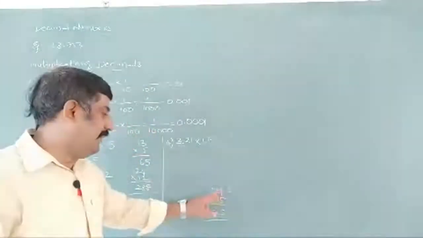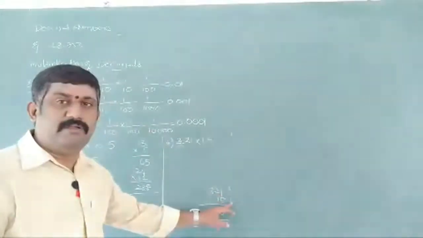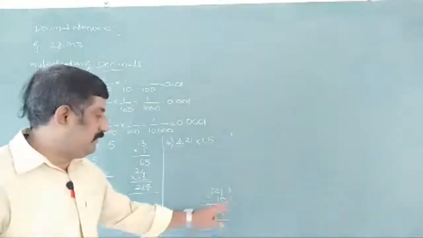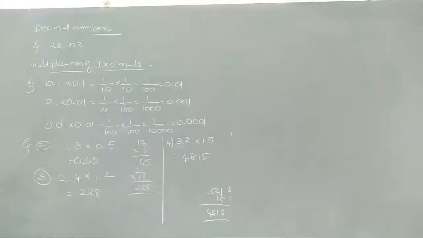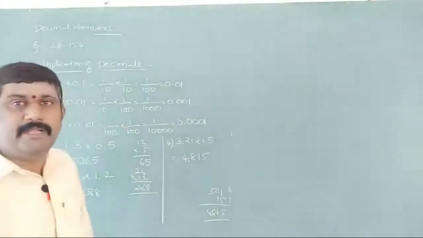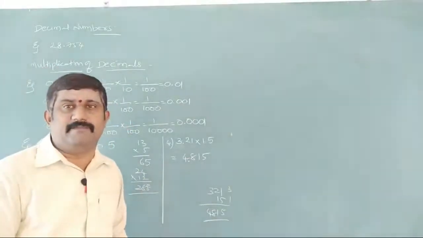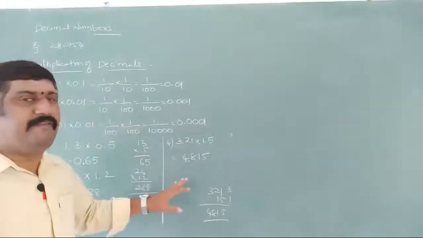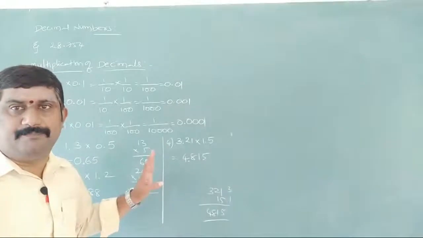Once again, 15 ones are 15, 1 left, 15 twos are 30, 1 left, 31, 3 left. Keep the point here, and the answer is going to be 4.815. So this is the multiplication of decimals we need directly.